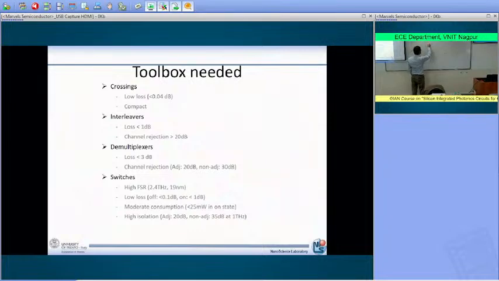However, if my resonance is this one, and this one, and so this is the free spectral range, you see that while I'm moving this resonance here, that resonance is also moving. But this resonance is moving into a wavelength region where I have lambda 12. And therefore the same microring is routing lambda 1, but is also affecting the routing of lambda 12. And I want to avoid this.